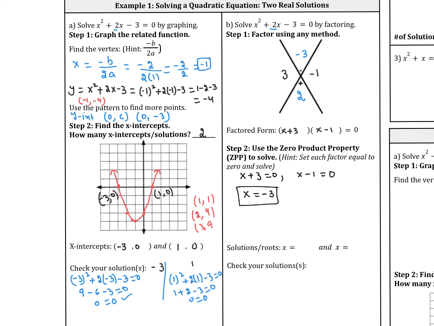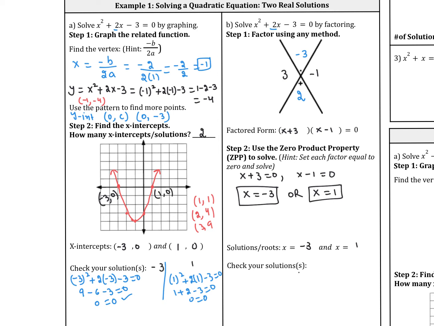So x equals -3 or x equals 1. You're going to subtract 3 on both sides, so you get -3. Add 1 on both sides, you get x equals 1. So the two solutions are -3 and 1.